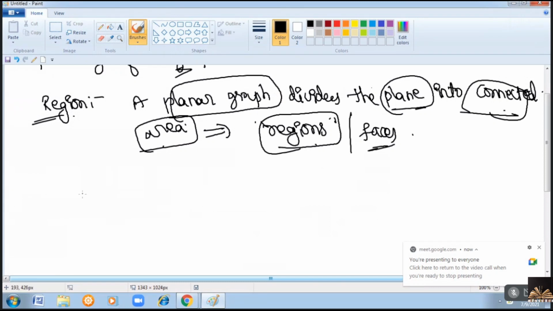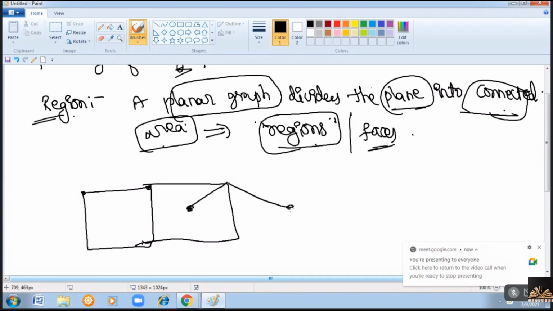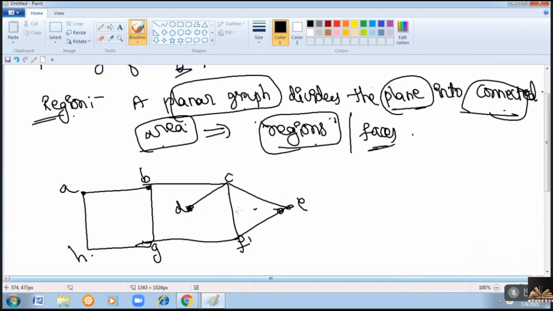Okay? Now, let me give you one example graph. A, B, C, D, E, G. Let us suppose this is a graph, right? This planar graph, I can say that it is a planar graph. Why? Because there are no edge crossings, right?